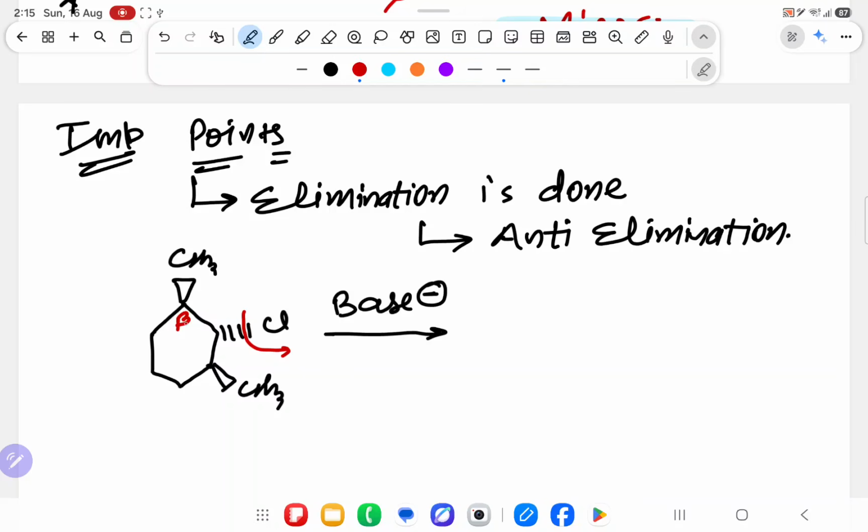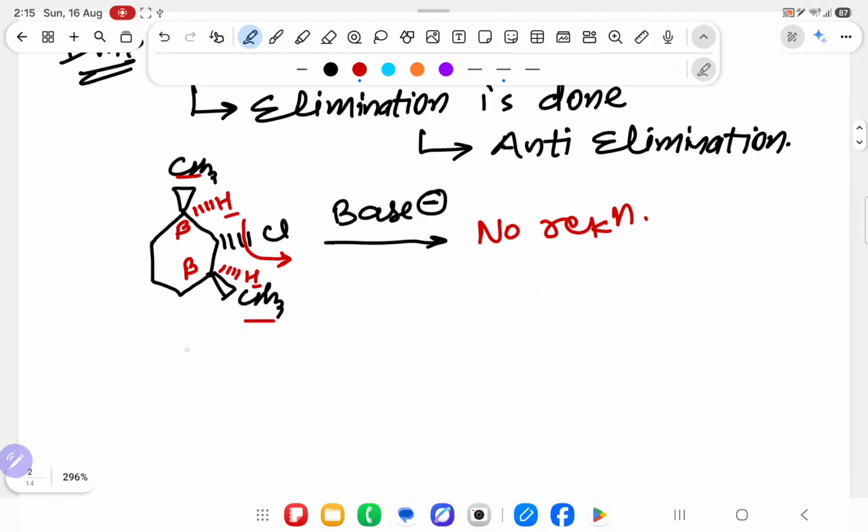Now this will be beta, this will be beta. Now check, what do you have to remove? Hydrogen from here. Hydrogen is also on the dash, and here hydrogen is also on the dash because CH3 is already present on the base. So once you remove the Cl from the dash, the other part, hydrogen, you have to remove from the base, but both hydrogens are present on the dash, so no reaction, no alkene will form.